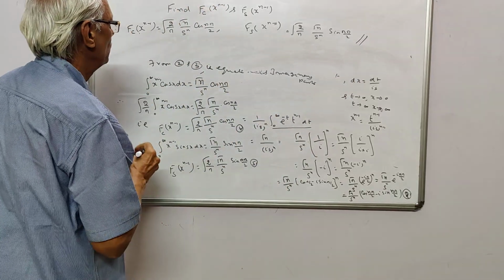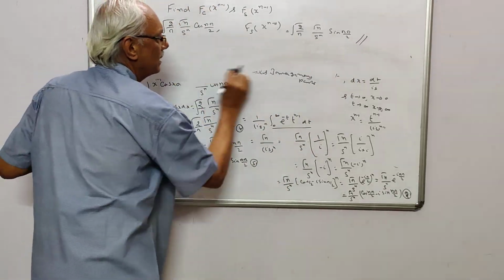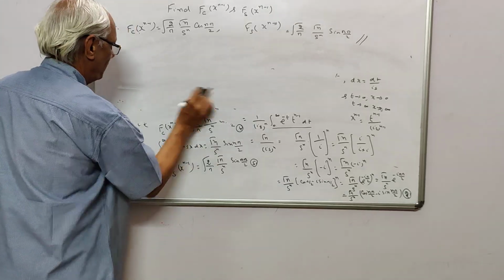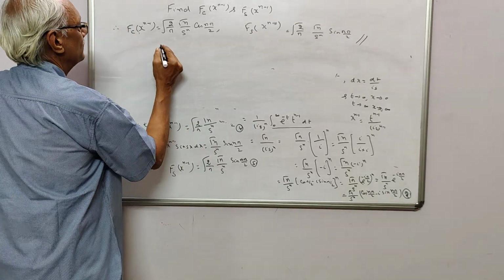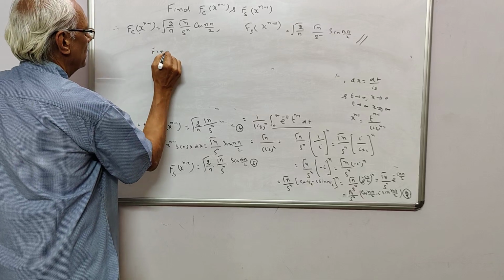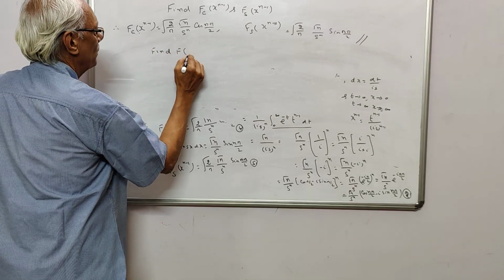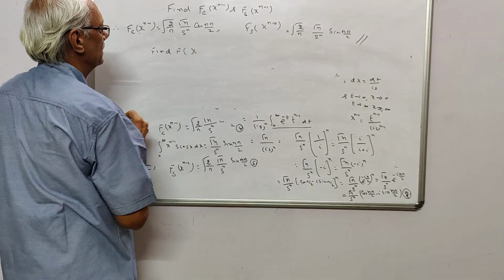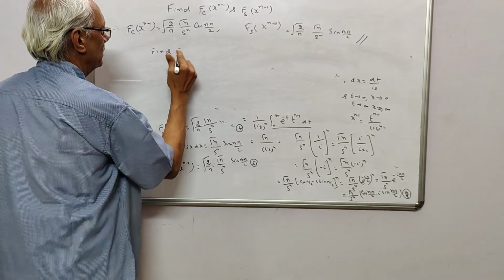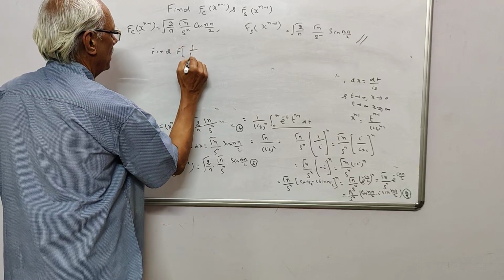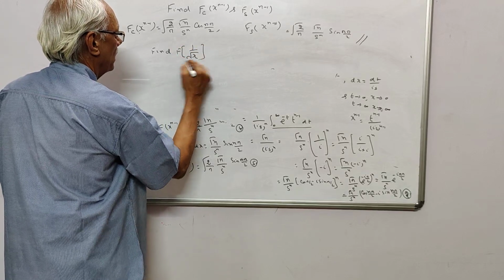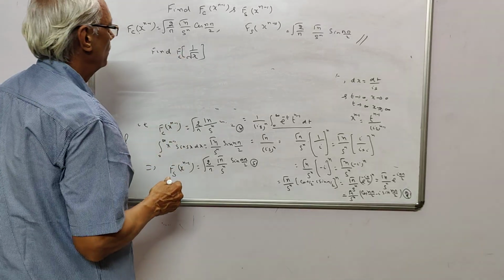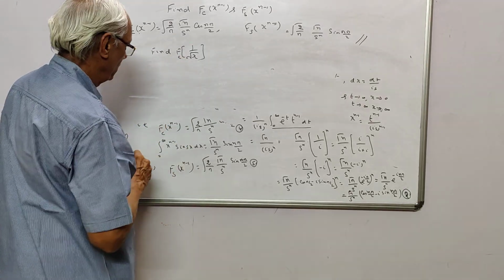Now I'll do a supplementary part of it. Find, I'll write here, find f of 1 by square root of x.